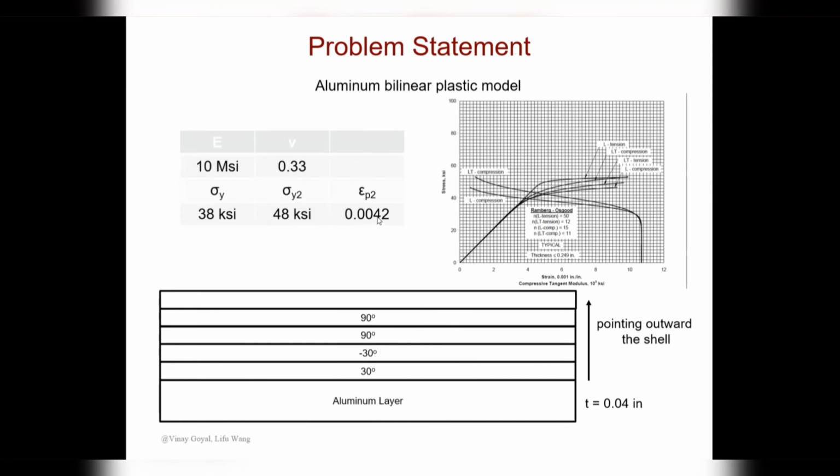Sorry, when it reaches the stress of 48, the elastic strain should be 0.0048. And the total strain according to the graph is around 0.008. So the plastic strain should be 0.008 minus 0.0048. So this should be 0.0032.